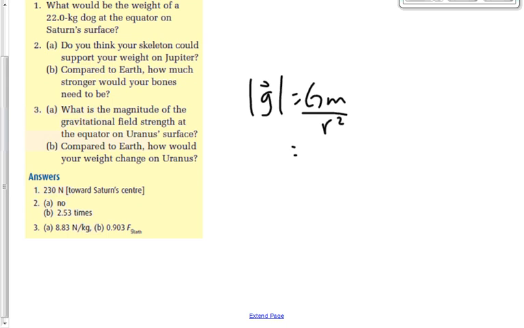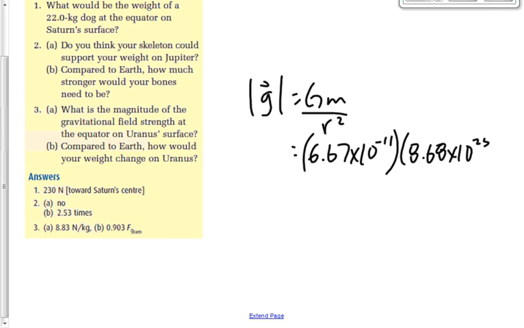It's going to be the information about Uranus. So it's going to be 6.67 times 10 to the minus 11 times the mass of Uranus, 8.68 times 10 to the 25 kilograms.